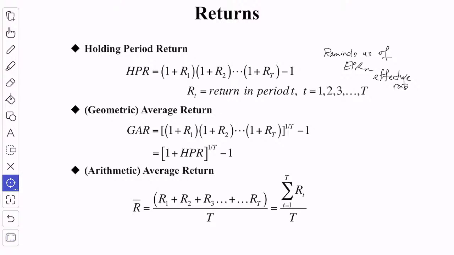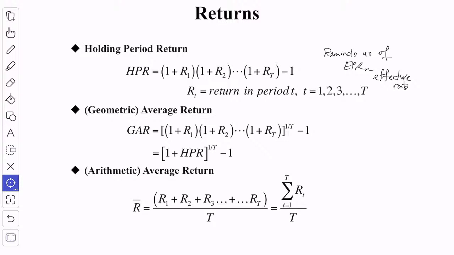So it's a measure of average for financial type data. It's useful. When we use growth, we consider factors of growth like this. This is the best way to summarize what happened on average. Different from the arithmetic average, just adding them up and dividing by how many there are.